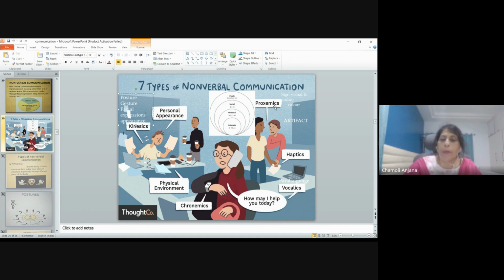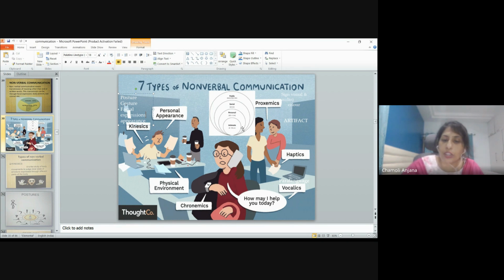Next is proxemics. Proxemics talks about the space between the people who are communicating and what that implies. The study of space and its implication on communication is called proxemics. Generally, when two people are talking, the space between them can convey how close the two people are.